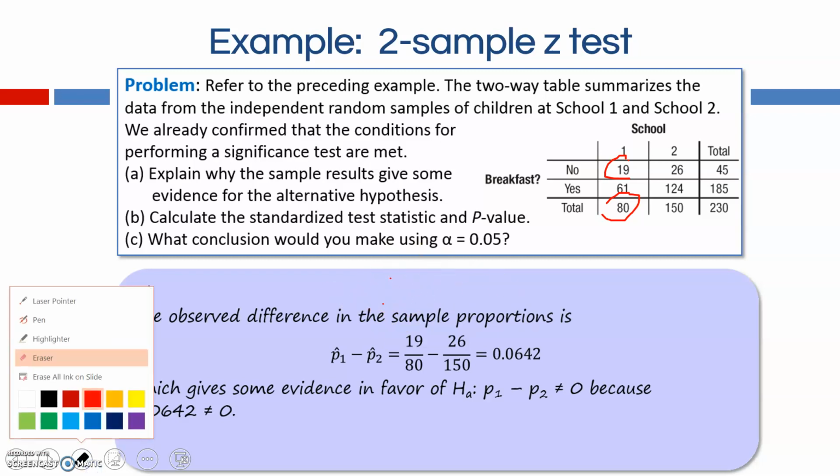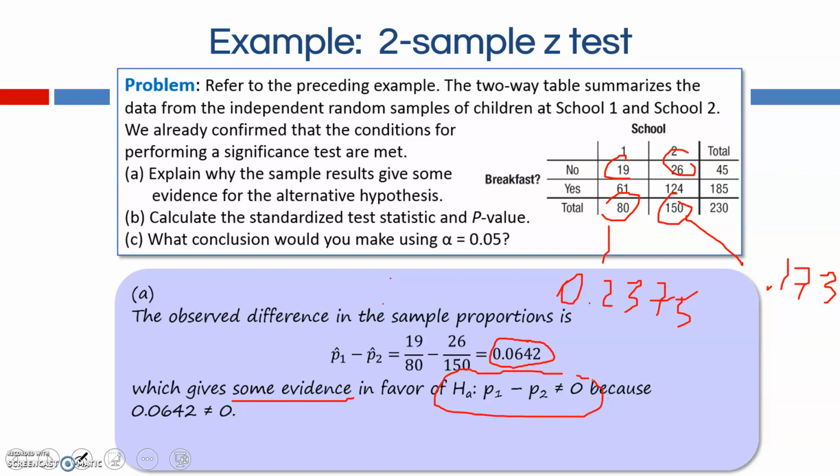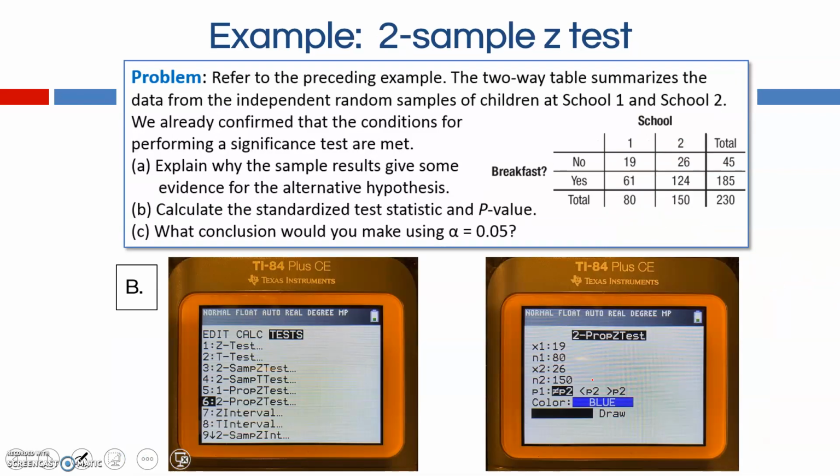So p hat sub 1 is 0.2375, whereas p hat sub 2 is 0.173. So you have about a 6% difference if you're thinking in terms of percentages. That's roughly a 6% difference in that proportion, which does give some evidence in favor of a difference.